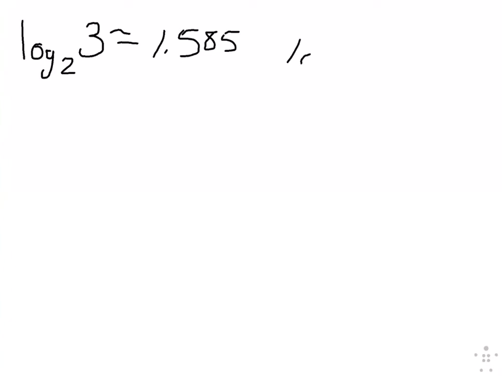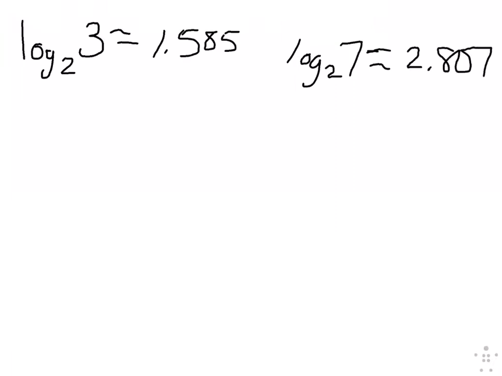The first set that you're going to be doing is you're going to have something like this. It's going to say log base 2 of 3 is approximately 1.585, and log base 2 of 7 is approximately 2.807.